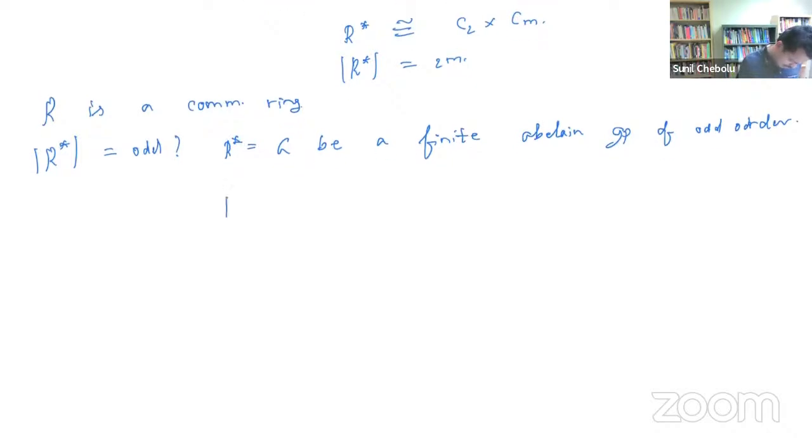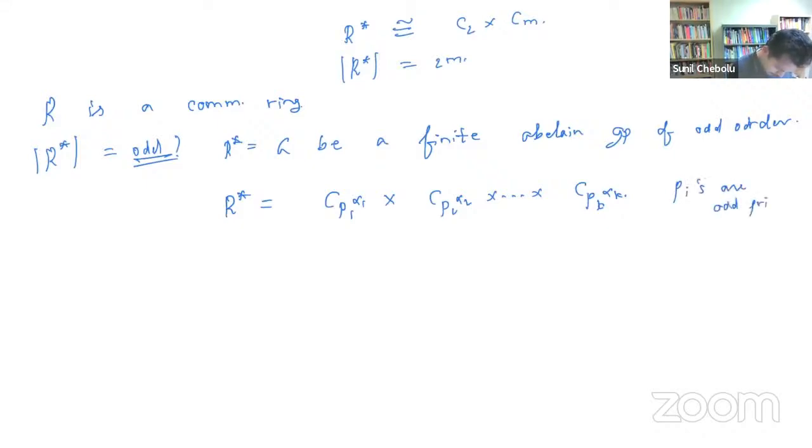So we know that I can write R star as a product of cyclic groups, C_{p1^α1} × C_{p2^α2} × ... × C_{pk^αk}. Here, in the odd case, all the p_i are odd primes.